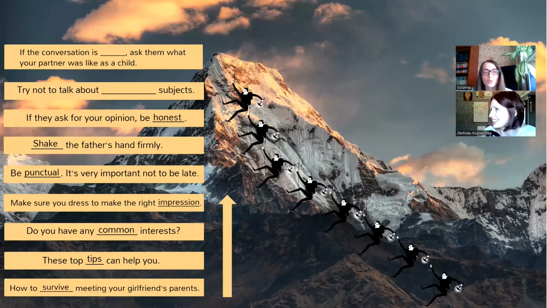Yes, new word. So we can divide it into two parts. Controversial. Try not to talk about controversial subjects. Okay. Last one. If the conversation is dying, ask them what your partner was like as a child.